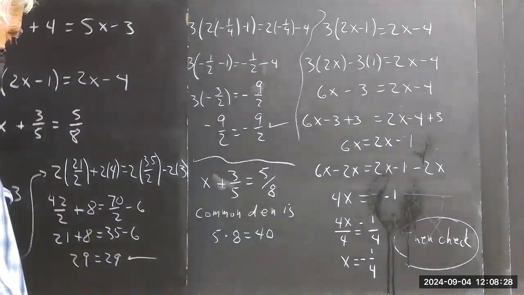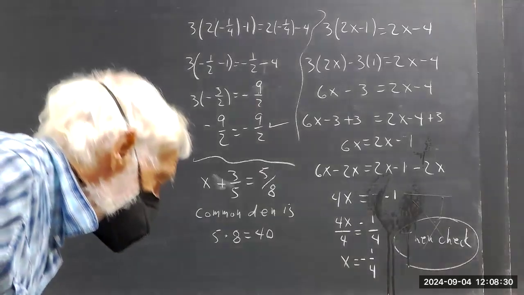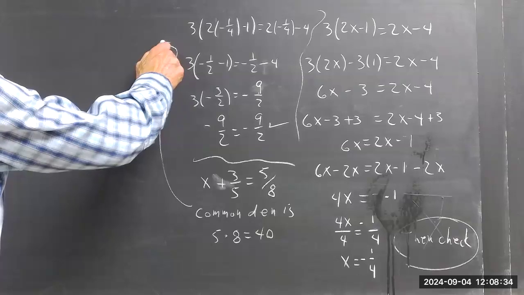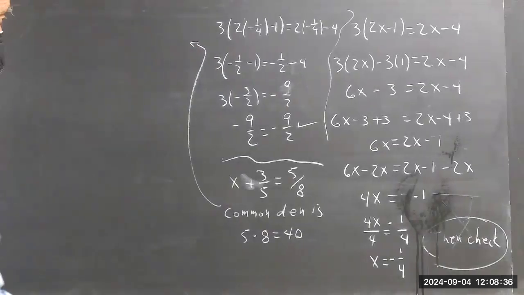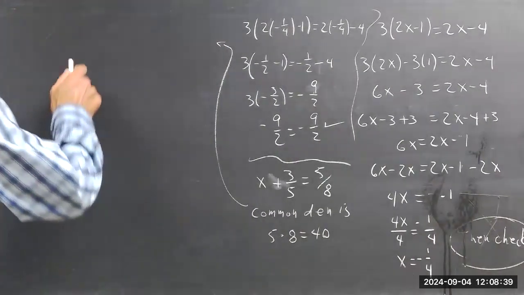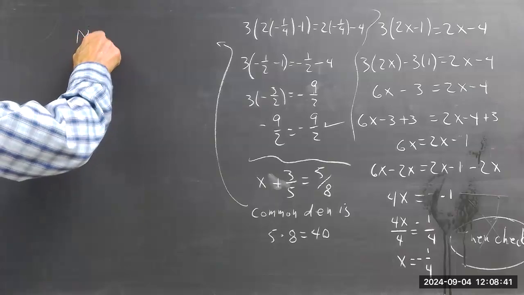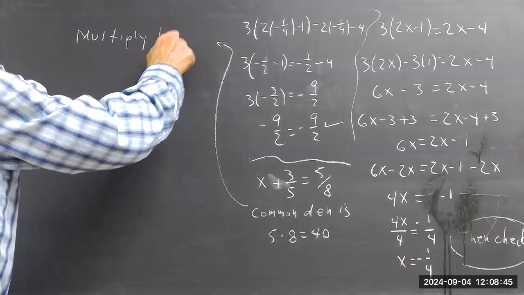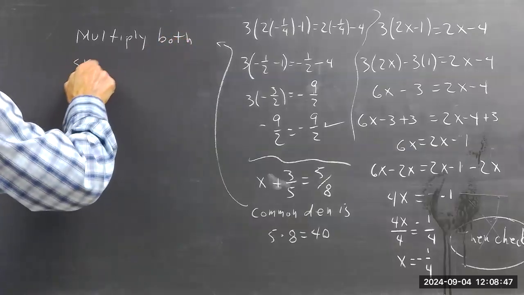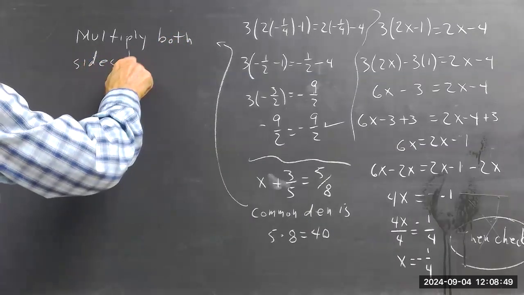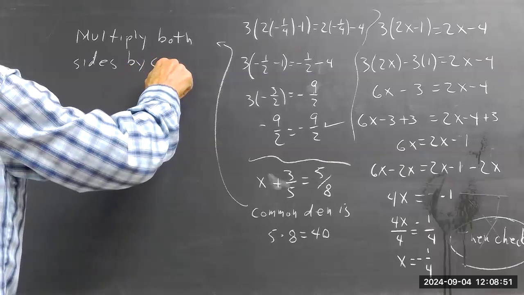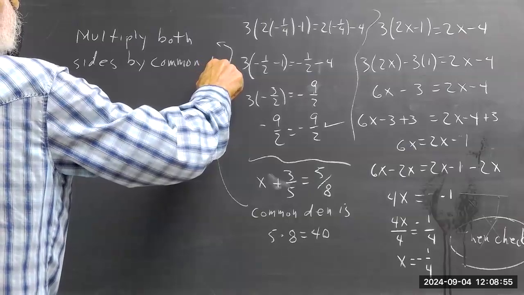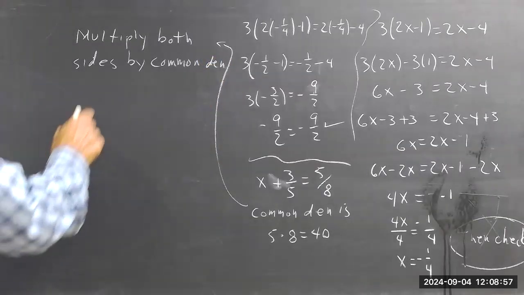Okay, so what we're going to do is multiply on both sides by the common denominator.